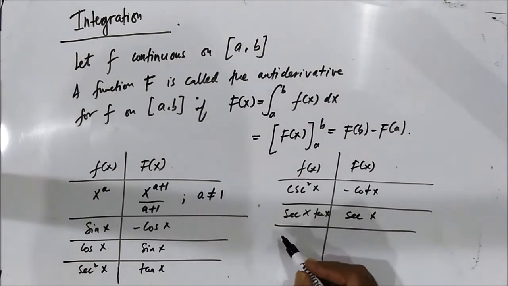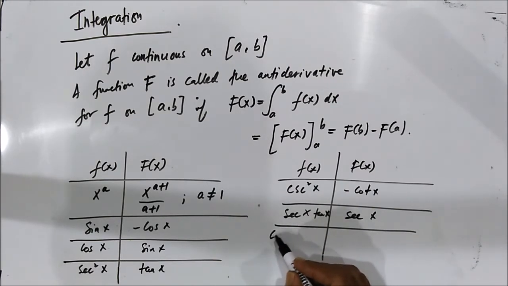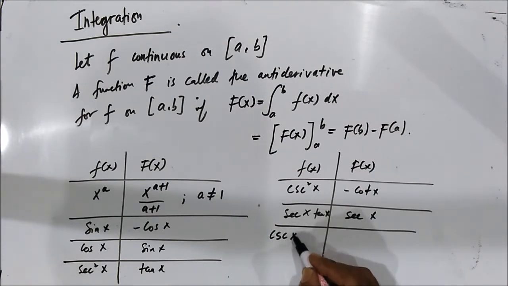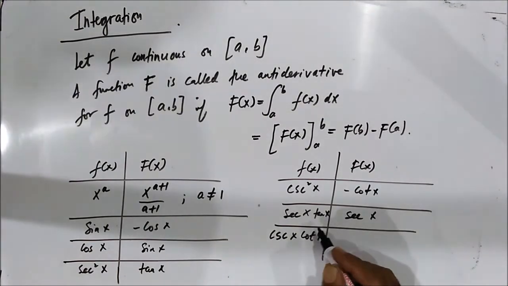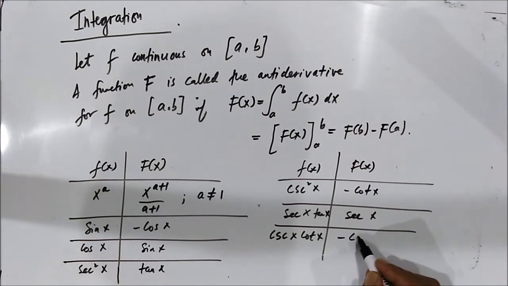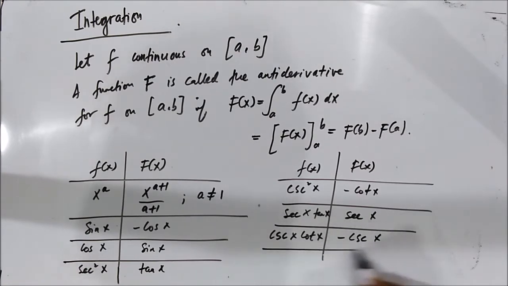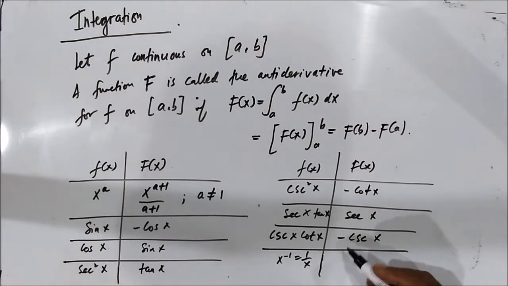The integration of, if I have a function of cosecant x multiplied by cotangent x, this is equal to negative cosecant x. And if I have the function of x raised to negative 1, or 1 over x, the integration of this one is the natural log of x.